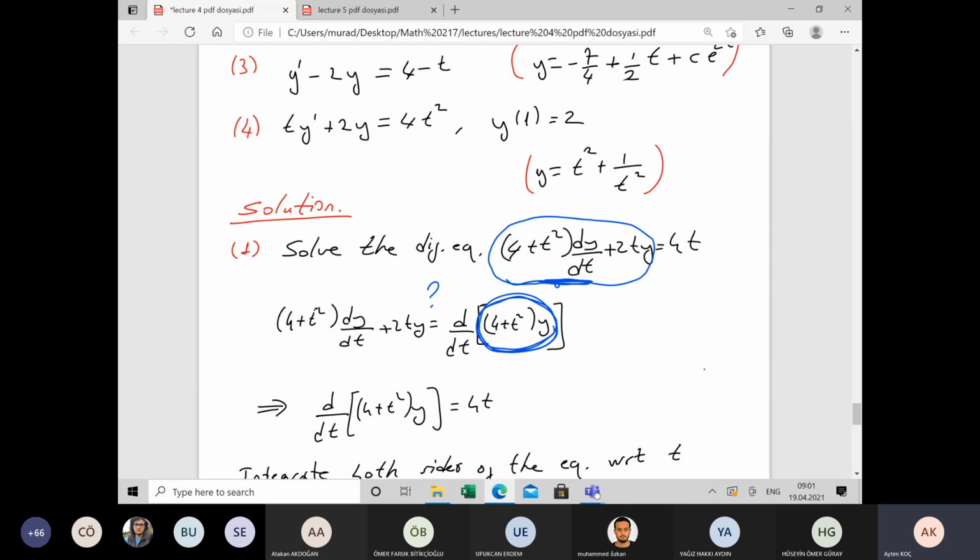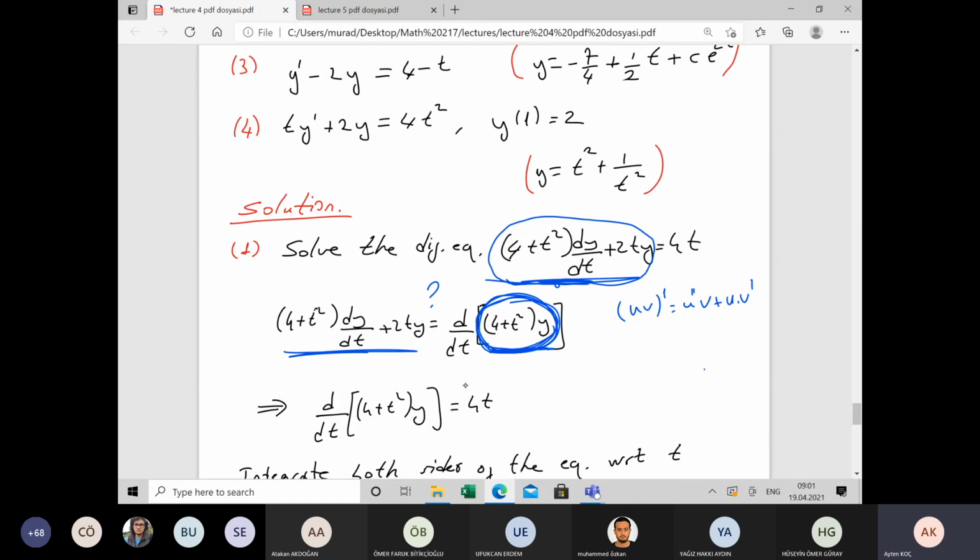It is easy to see that, because this is a product, the derivative of a product: u v prime equals u prime times v plus u times v prime. We claim that the left side is equal to the derivative of the product.